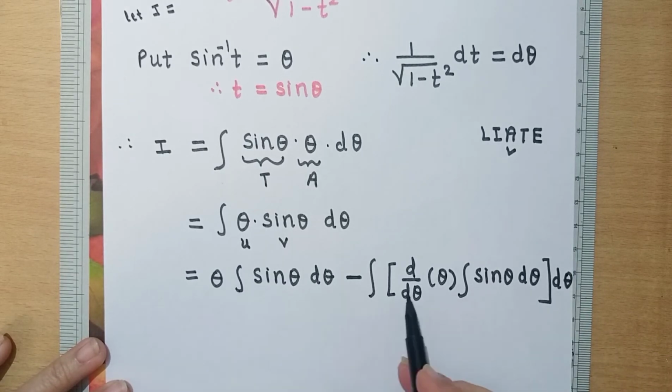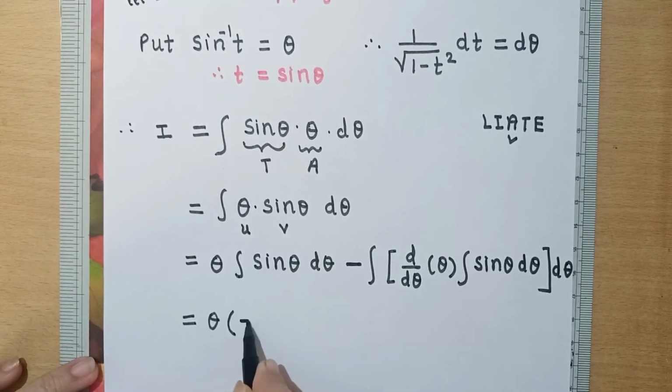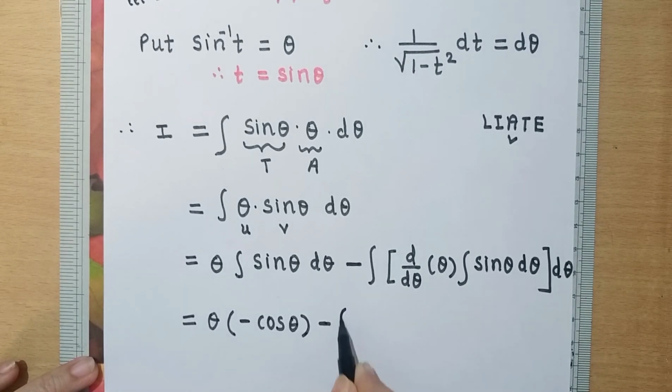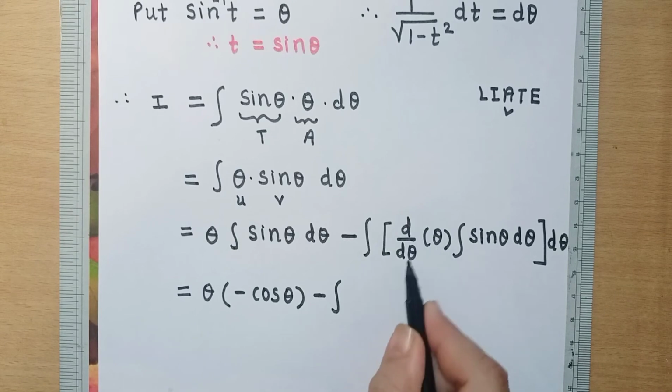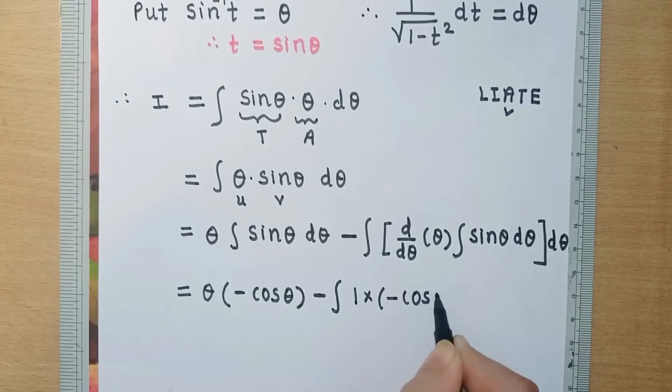Now find integration and derivative, and so this is equal to theta. Integration of sine theta is minus cos of theta, then middle sign minus. Derivative of theta with respect to theta is simply 1. Integration of sine theta is minus cos of theta into d theta.